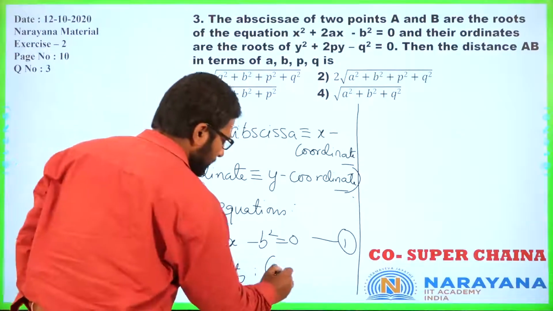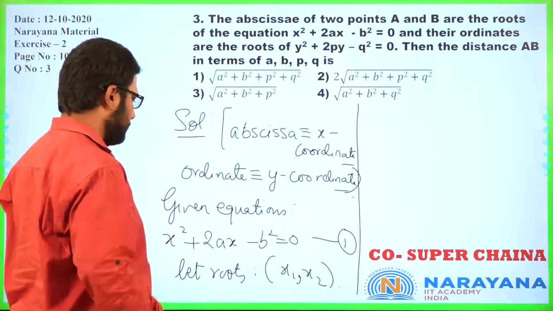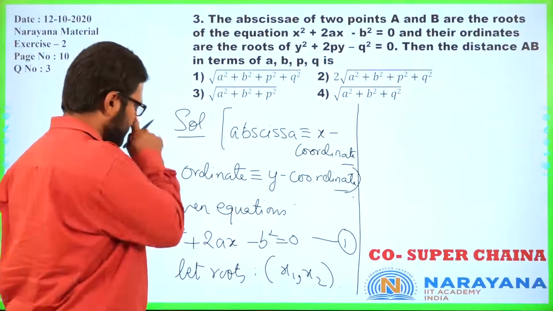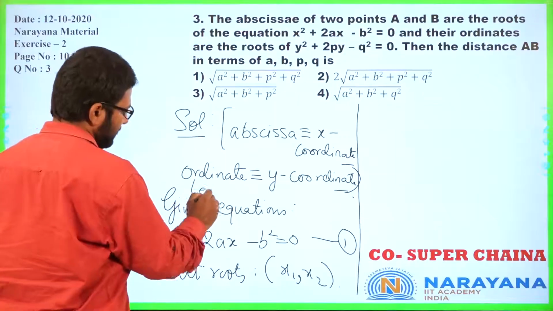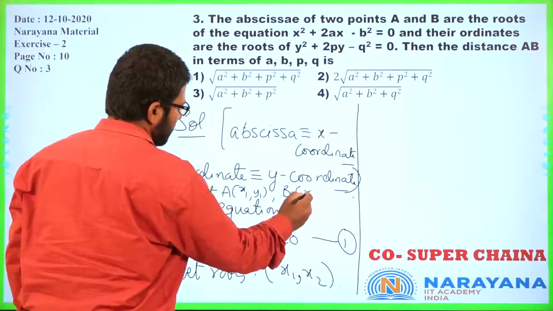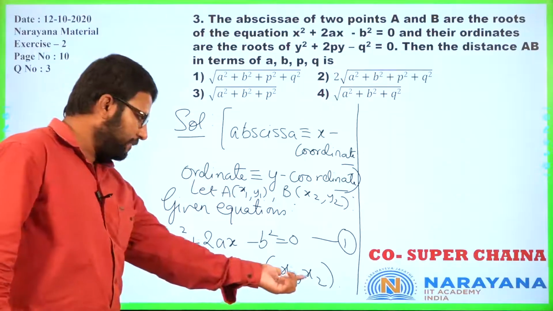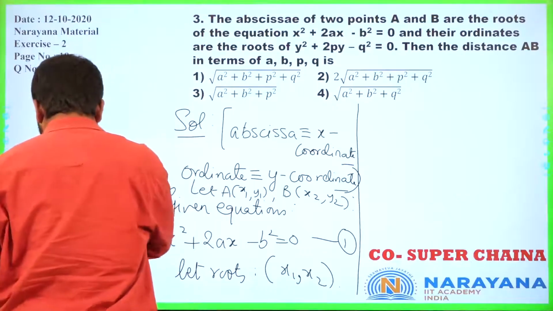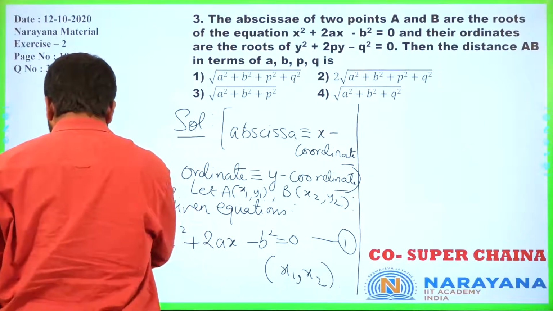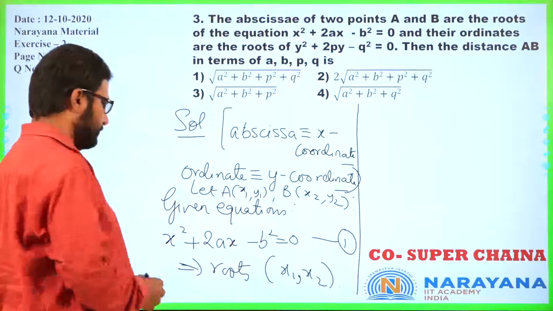So roots will be x1 and x2, x coordinates of A and B. Let A be (x1, y1), B be (x2, y2). So then roots will be x1, x2 for the first equation. In this case we're not saying let the roots be this, it implies roots are x1 and x2, right?